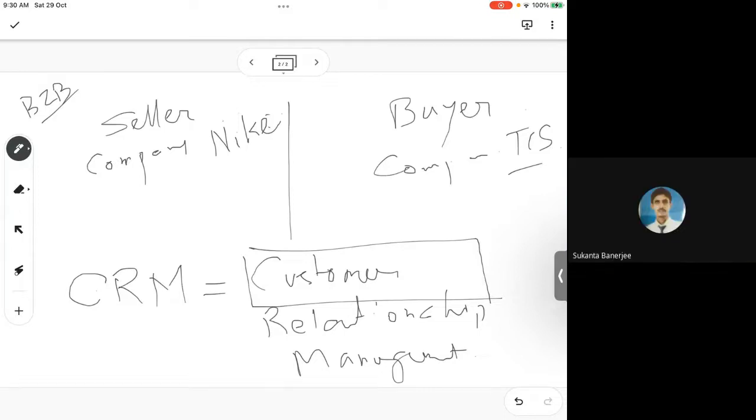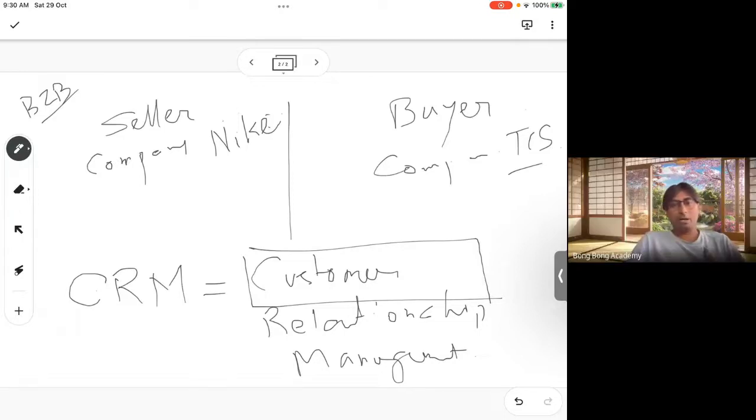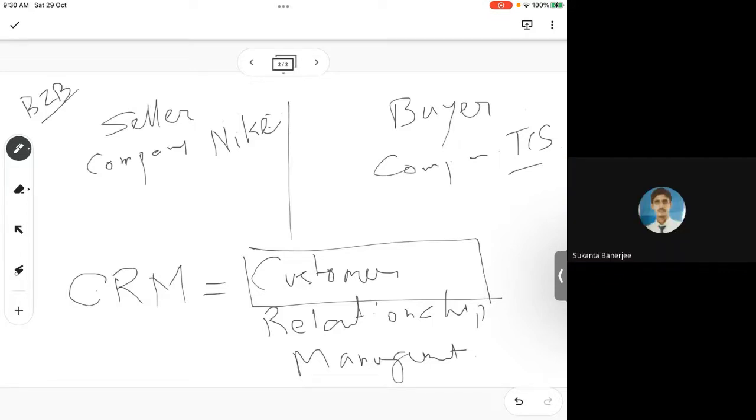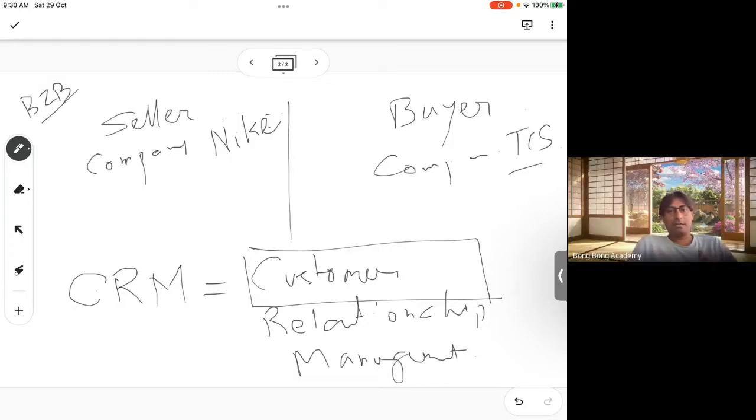So CRM is a product which is used for managing interactions with the customer, and this is used by a seller organization. If TCS is selling something to its customer, then TCS can have its own CRM.